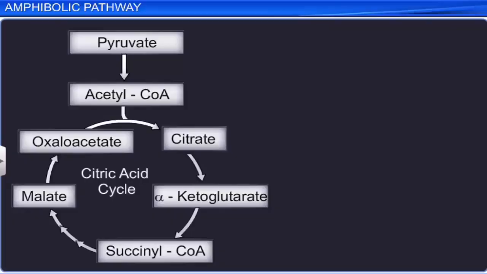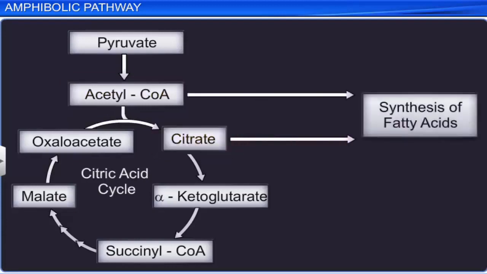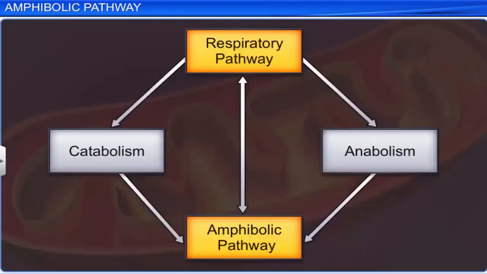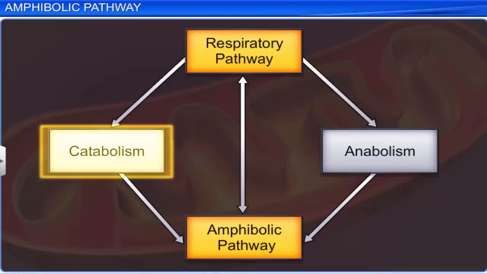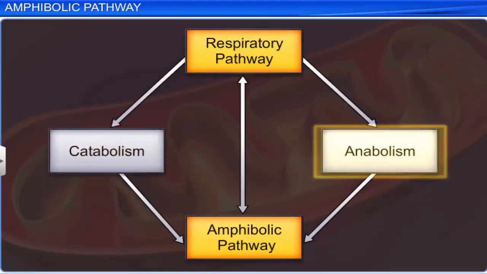Likewise, if the plant requires fats, it withdraws acetyl coenzyme A and citrate from the Krebs cycle to synthesize them. Thus, the respiratory pathway is involved in both catabolism and anabolism and is called an amphibolic pathway.